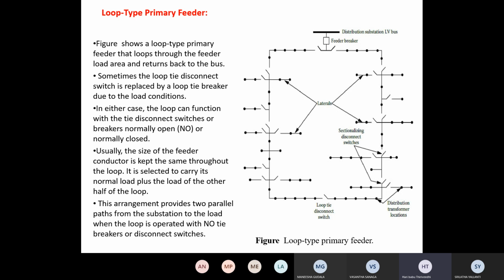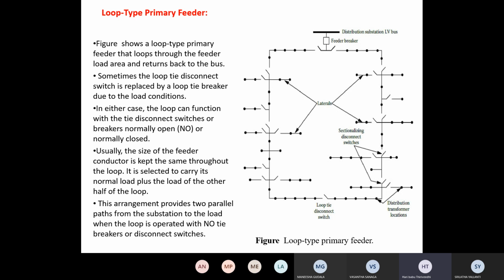This arrangement provides two parallel paths from the substation to the load. The loop is operated with normally open tie breakers, or you can call them disconnected switches.